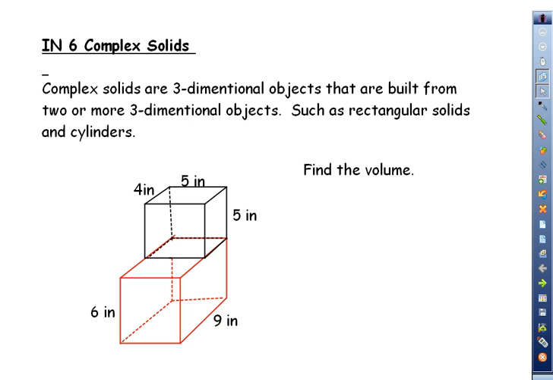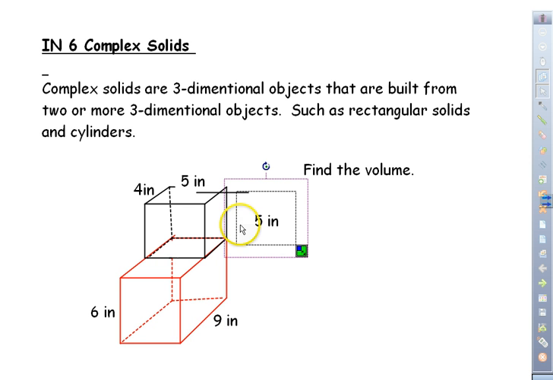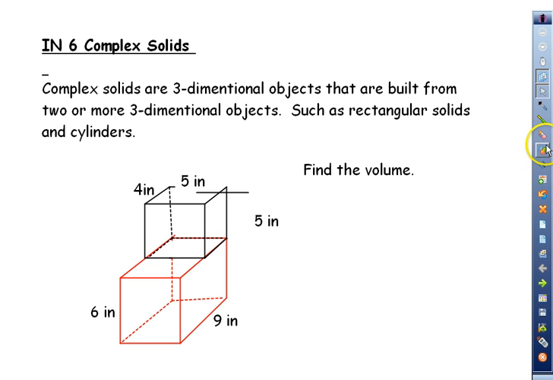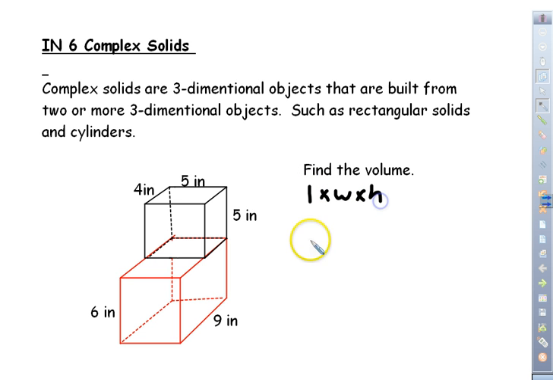So therefore, you are going to find the volume by taking each one of those, and we are going to use this one first. Finding the volume, it is going to be length times width times height for this one. So we're going to go ahead and find those particular lengths.